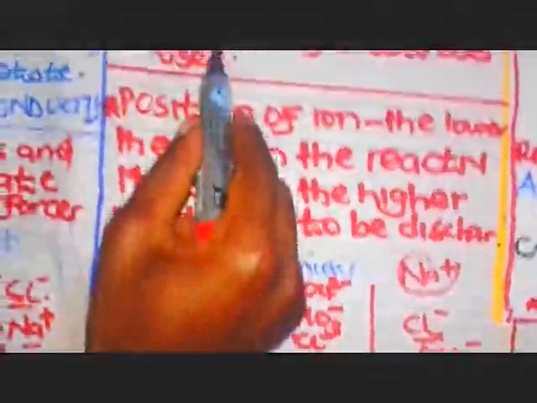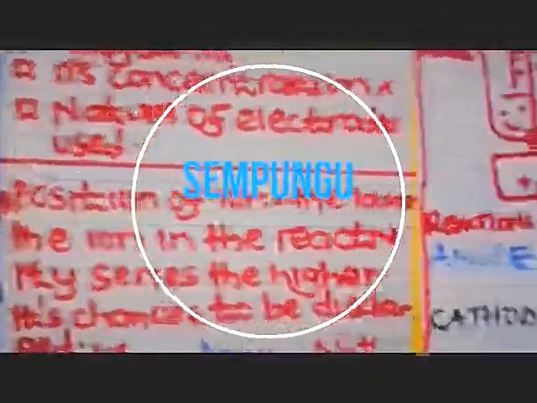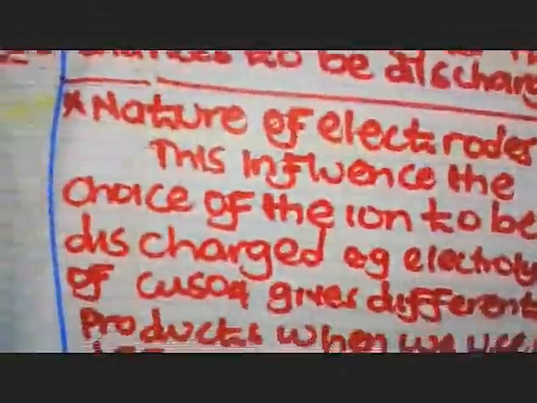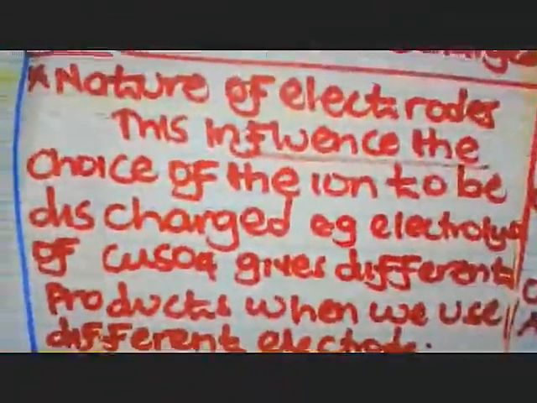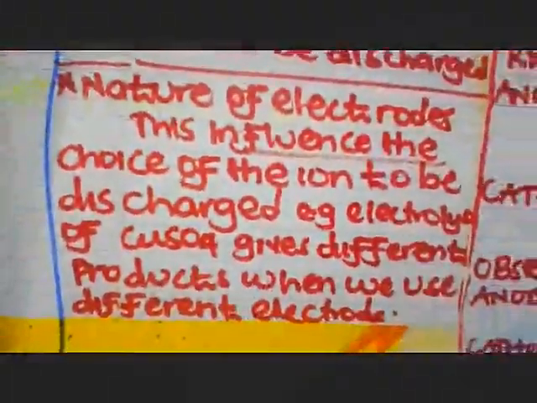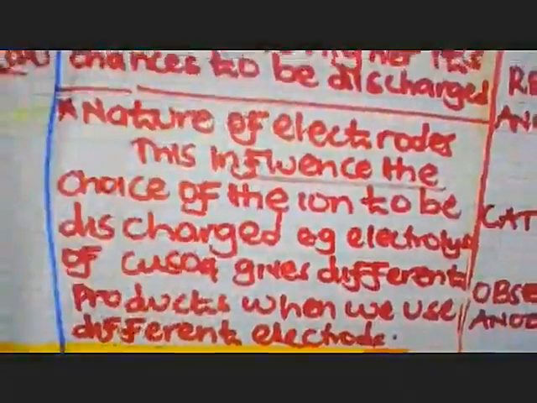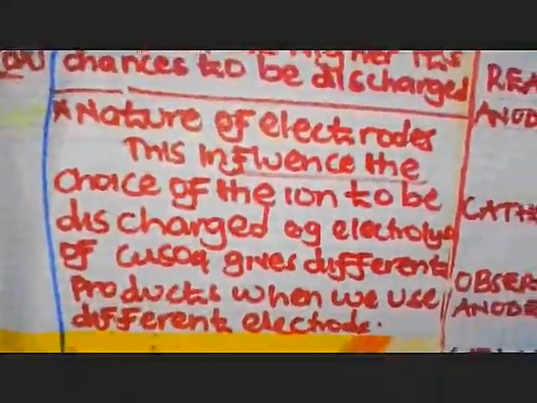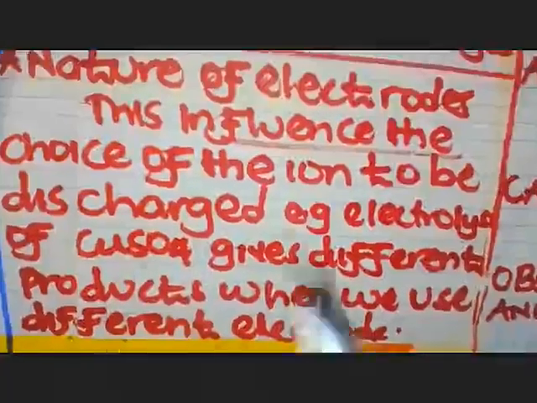Then the other factor is the nature of the electrodes. The nature of the electrodes determines which ion is going to be discharged. This is observed when you are carrying out electrolysis of copper sulfate, as we are going to see as we move ahead. We can use copper electrodes, or we can use carbon, platinum, or graphite electrodes.